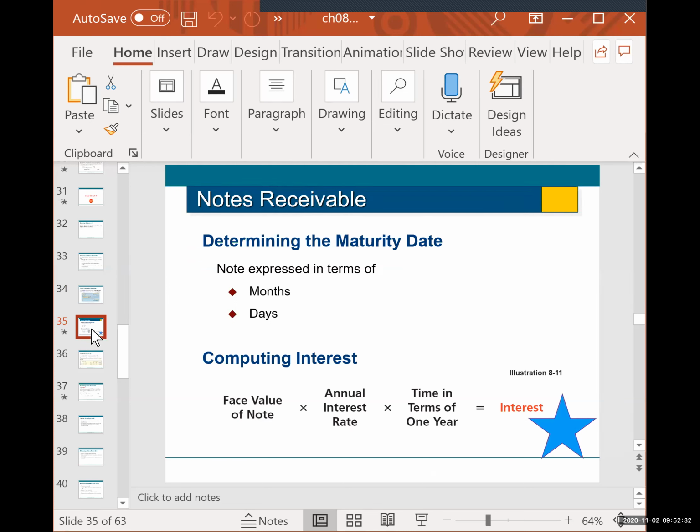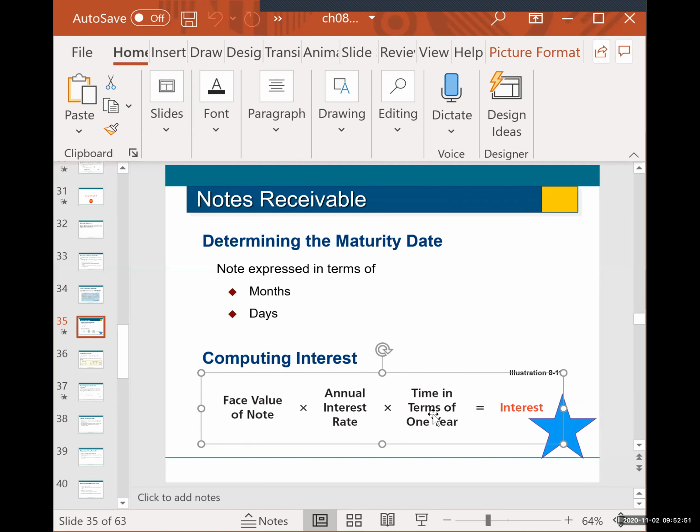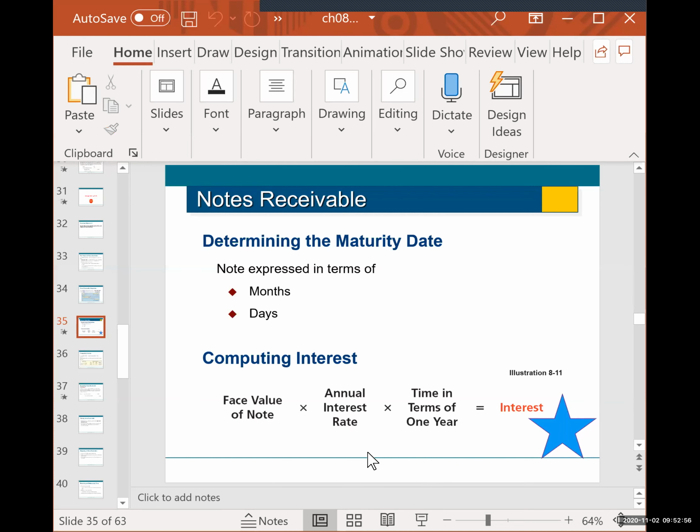So you're going to have to know what the term is. So if it says it's a 360-day note, then it's a day note. If it says it's a 25-month note, it's a month note. And that is going to affect this section here. This is time in terms of 1 year, okay?